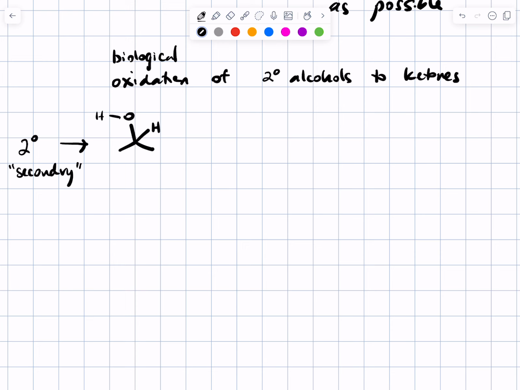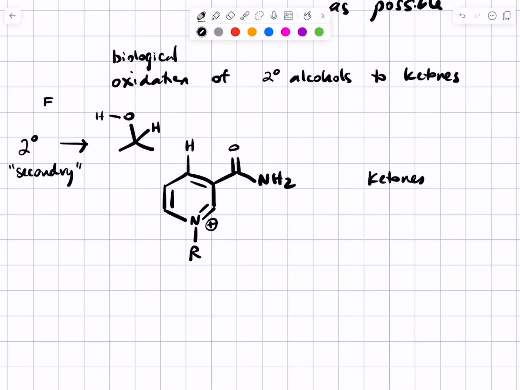Oxidation of secondary alcohols gives ketones, and in a biological sense, what happens is you use NAD plus as the hydride acceptor or the hydride catcher, and then you use some base associated with an enzyme to deprotonate the OH group. This oxygen then acts as a kicker-offer.